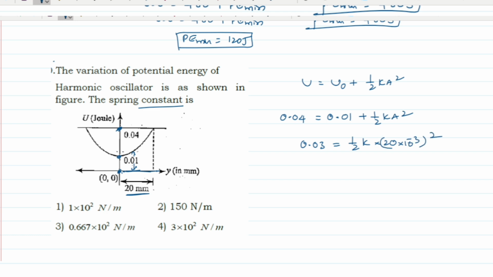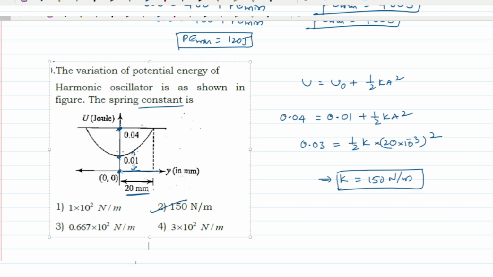When you simplify, the K value comes to nearly 150 Newton per meter. 150 Newton per meter is the correct answer.